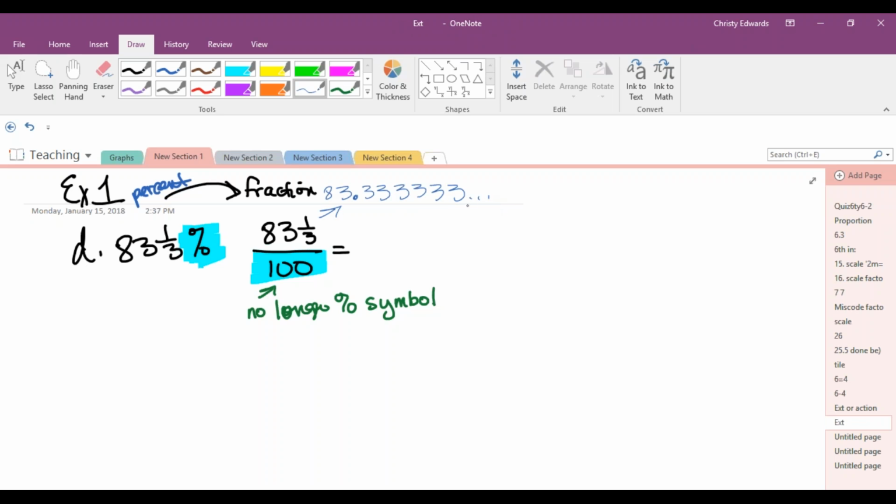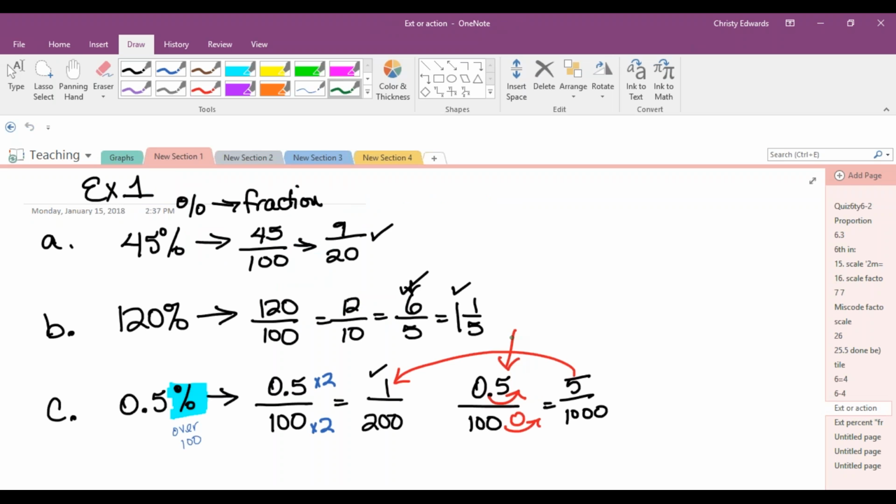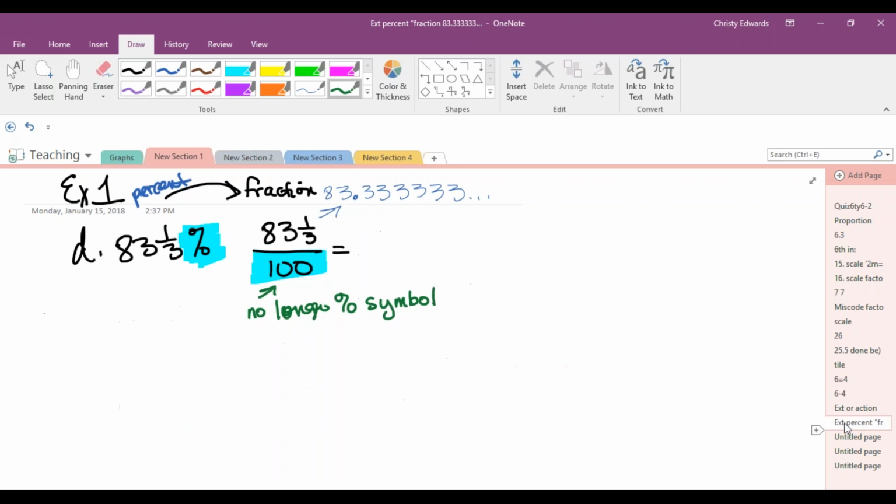Do you know the problem with the 0.3 forever? Is that you can't do our fun little trick that I showed you right here of moving the decimal all the way to the right and then doing the same to the bottom, because there is no end. How would you know where to stop? You'd have to go on forever, therefore you'd have to move this over forever, therefore you'd be spending the rest of your life moving the decimal over forever. So that's not going to work.